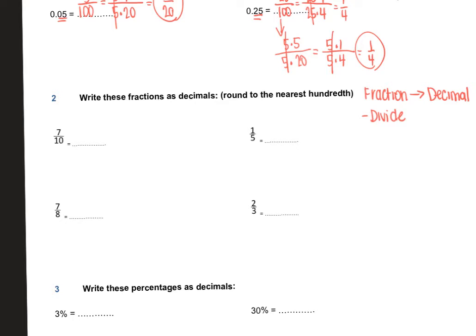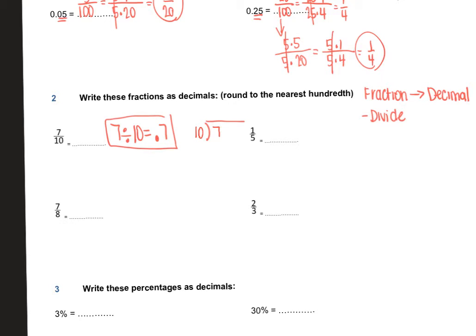And it's not a bad idea to keep that skill in your repertoire. You can always plug 7 divided by 10 into your calculator, right? This is all it is. And you get 0.7. So that is your answer with a calculator. However, it's good practice to be able to still do this.